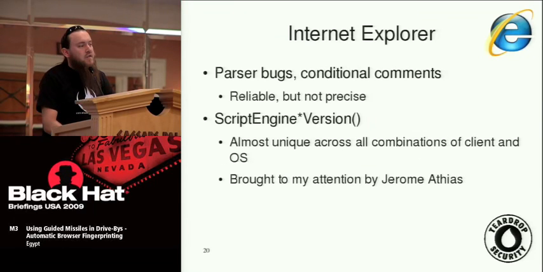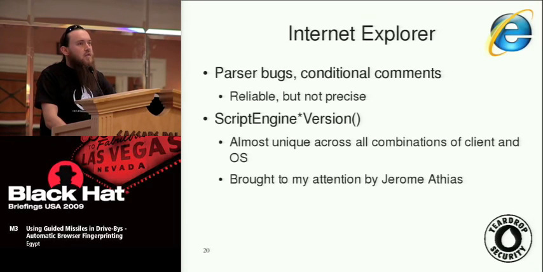However, Internet Explorer gives us a really awesome set of functions, the script engine family of functions. There's the script engine major version, script engine minor version, and script engine build version. And they're almost unique across all combinations of clients and OS. There's a few exceptions here.